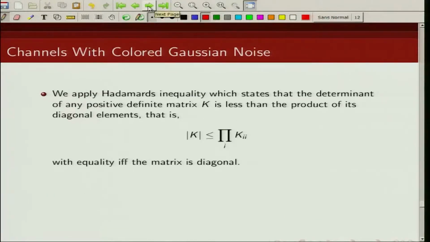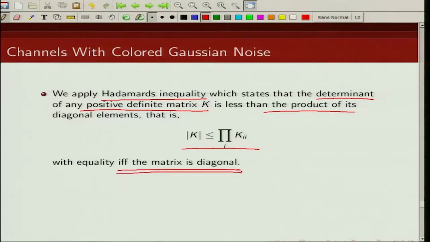Now to solve this, we are going to take help of Hadamard inequality. Now recall in the lecture for differential entropy we have proved this Hadamard inequality. So Hadamard inequality states that determinant of any positive definite matrix K is less than or equal to the product of its diagonal elements, with equality happening only if the matrix is diagonal.